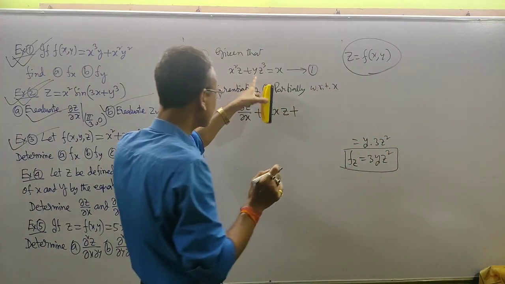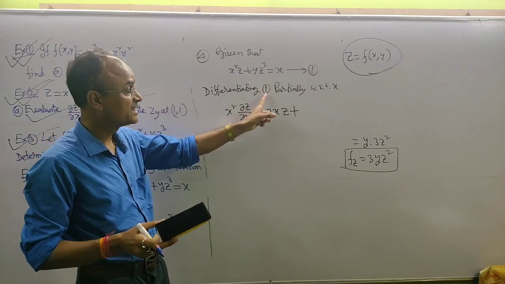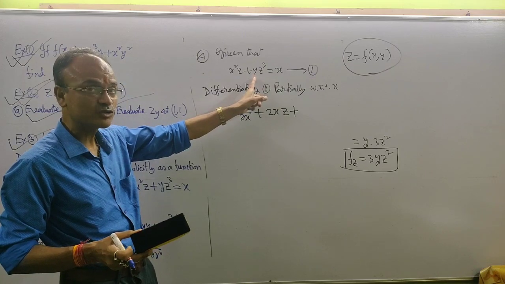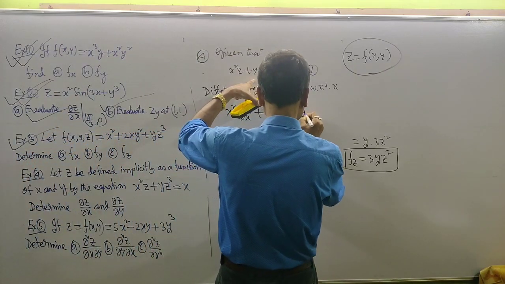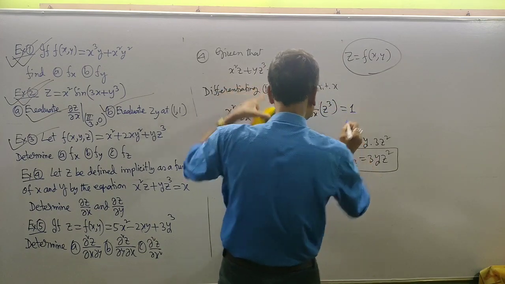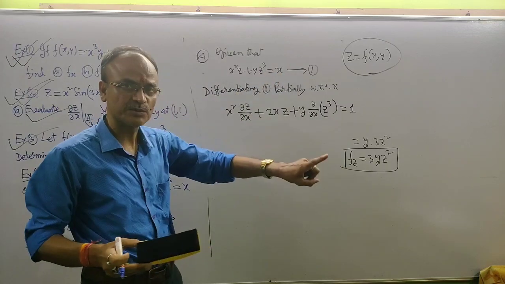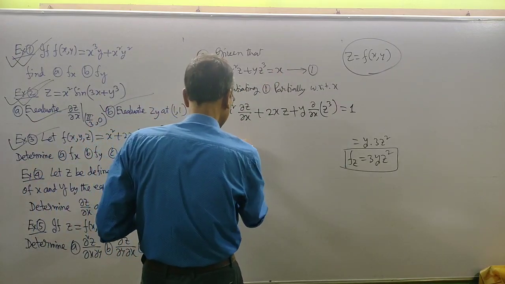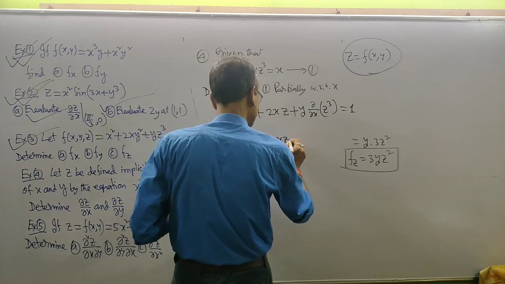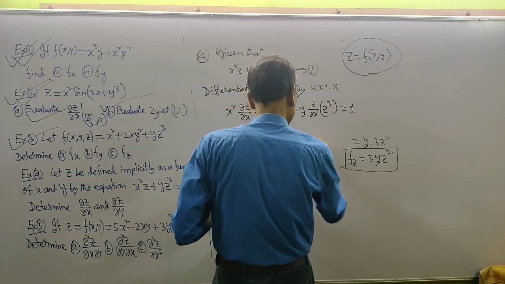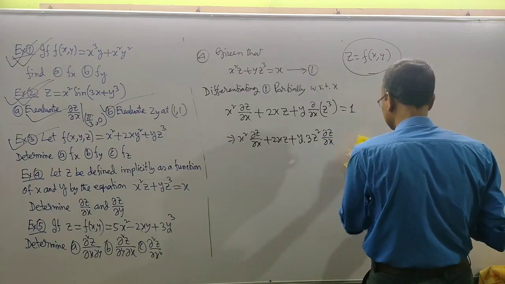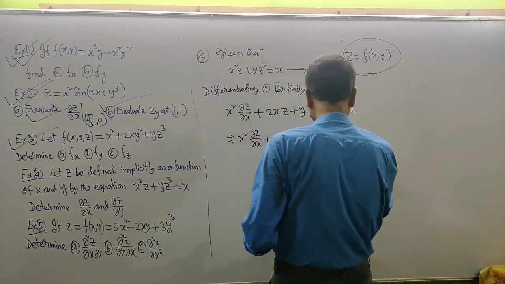Plus here you are differentiating partially with respect to x, therefore you should treat y as constant, plus y del x of z cube equal to 1. Differentiation of x with respect to x is 1. Or you may write x square del z by del x plus twice xz plus y thrice z square del z by del x equal to 1.